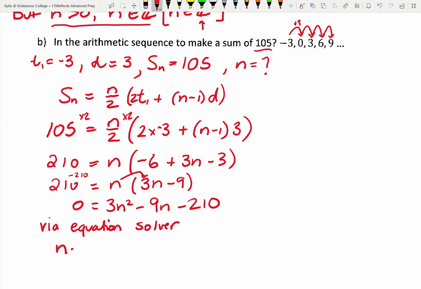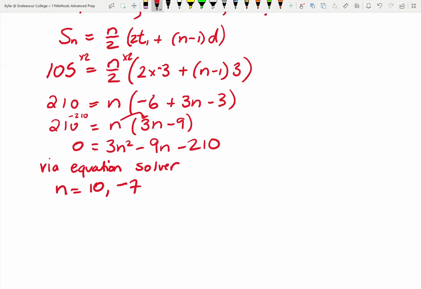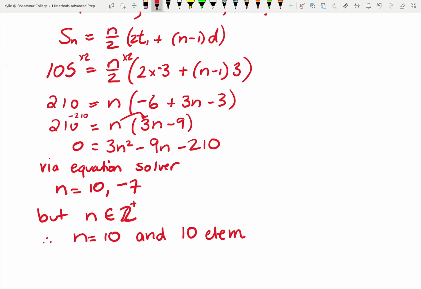And we get n equals 10 or negative 7. We state our condition, that n is an element of the positive integer set. Therefore, n equals 10, and 10 elements or members must be included. And that's it.